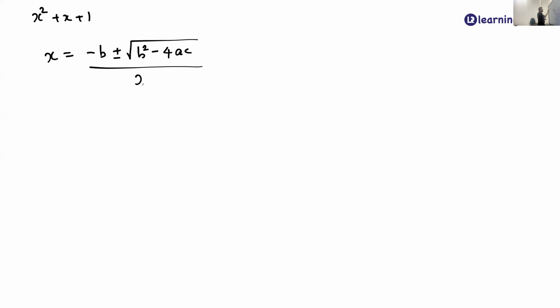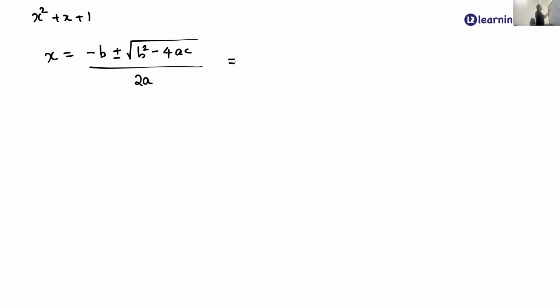Suppose I take this quadratic equation x square plus x plus 1, right? If I apply the formula and solve this equation, I'm going to have x is equal to minus b plus or minus root of b square minus 4ac divided by 2a, right?